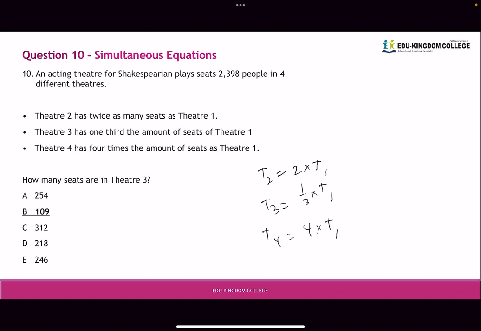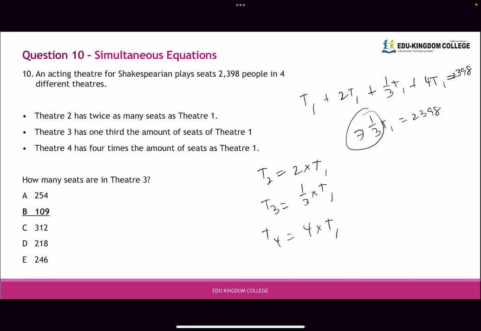Now altogether, T1 plus T2, which is 2 times T1, plus T3, which is 1/3 T1, plus T4, which is 4 T1, equals 2,398 people. Add these all up, you get 7 and 1/3 T1 equals 2,398.